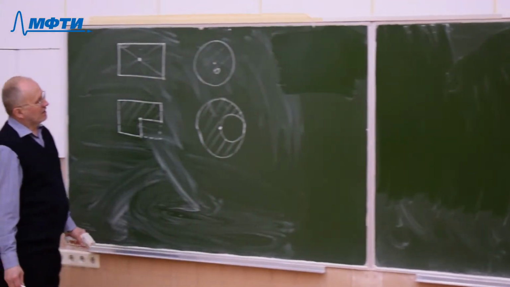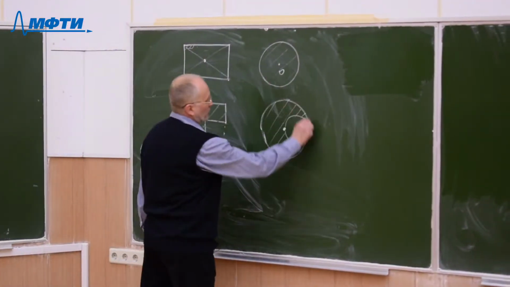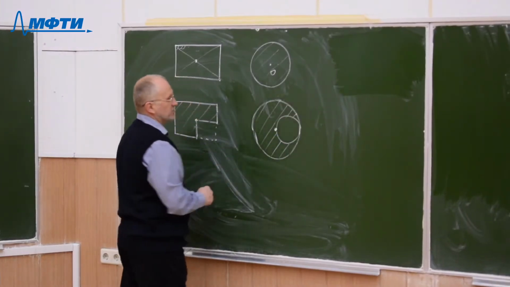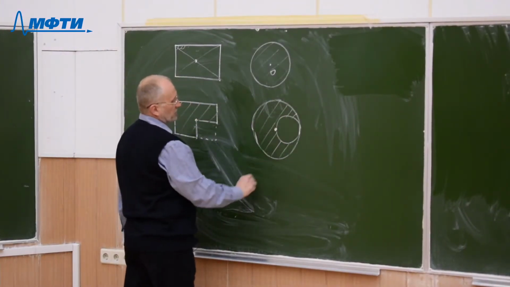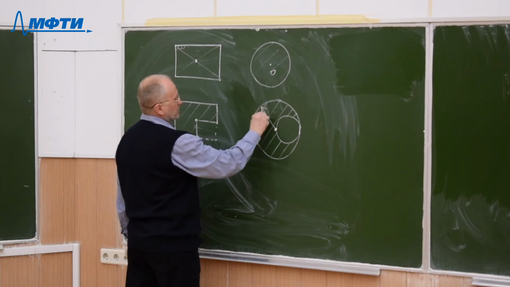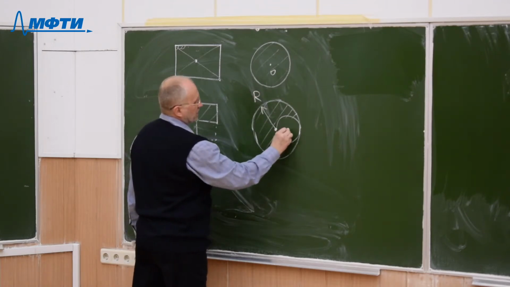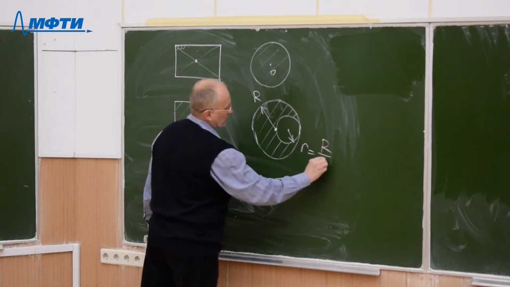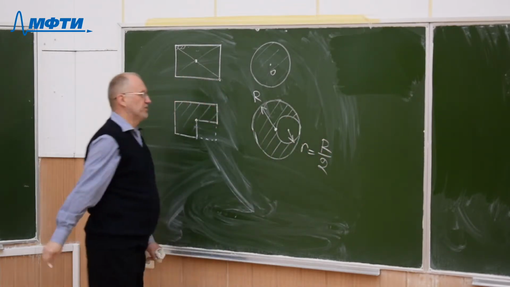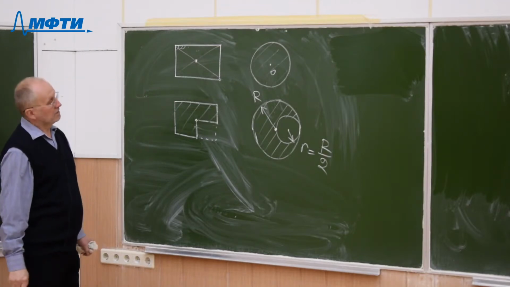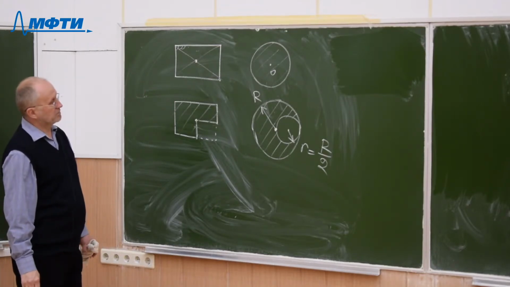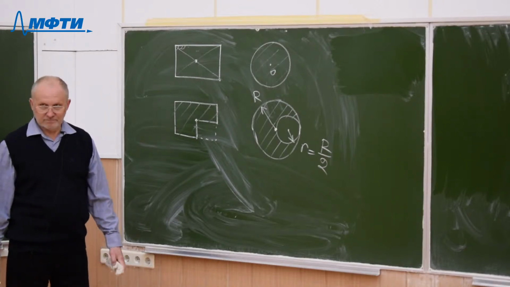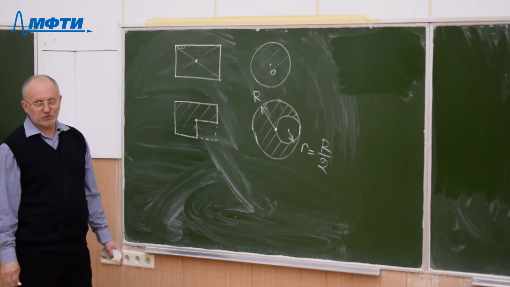Well, for example, how to solve this problem? How to find the center of mass of this circular figure? If we know the radius, and if we know that this small radius is just half the radius of the large circle, how would you solve this problem?